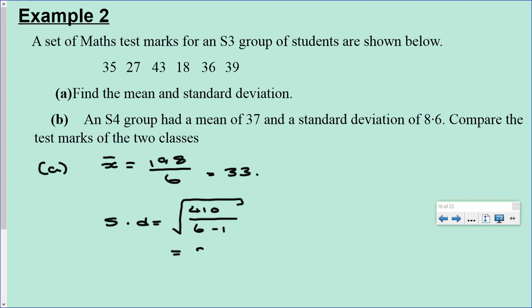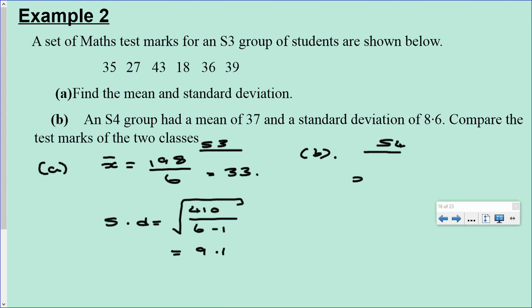So my standard deviation is 9.1. Lovely. But again, saving myself a little bit of time. For S3, our mean was 33, and our standard deviation was 9.1.